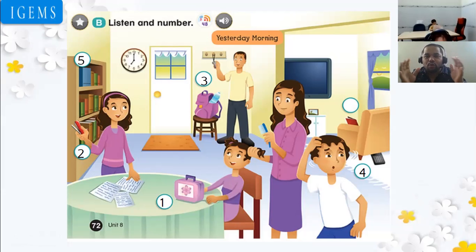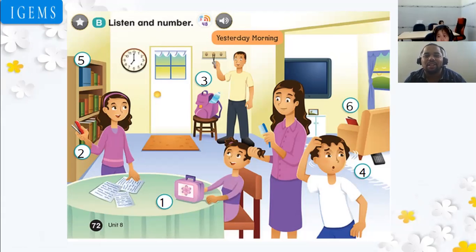What is number five? Something we use to look for words. Do you remember something that we use to look for words? Maybe when you do not know a word in English. Number five is dictionary. Dictionary, that's correct. And what is number six?